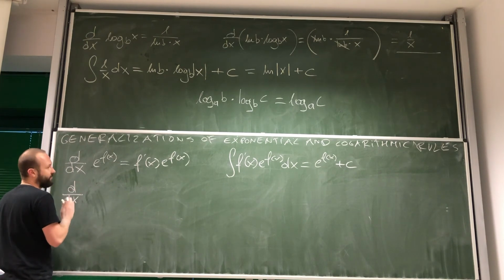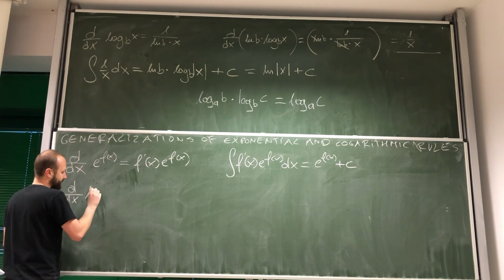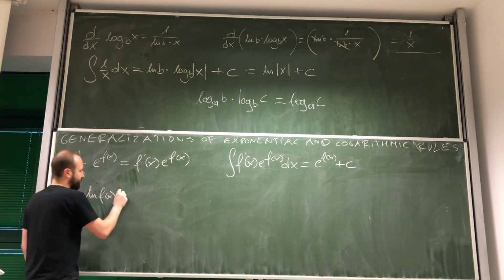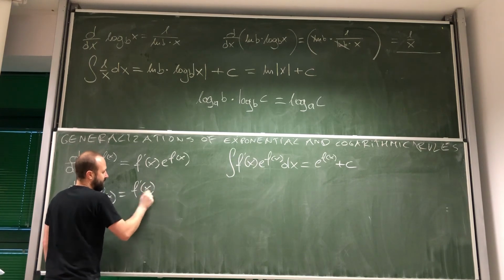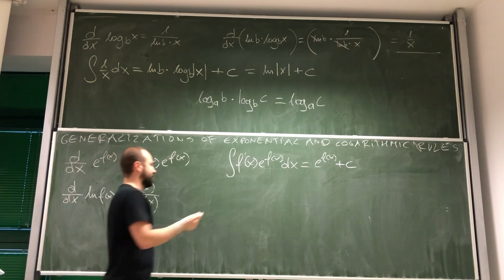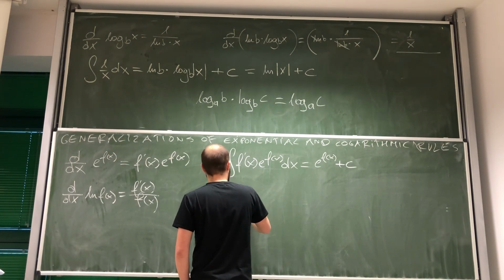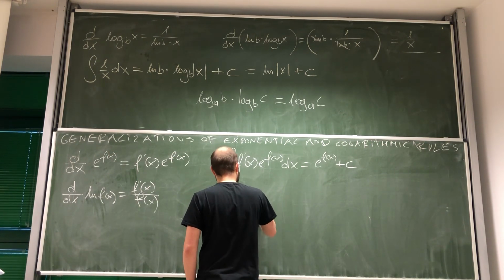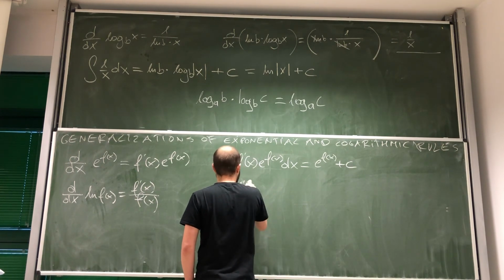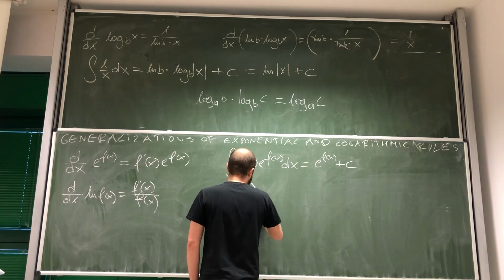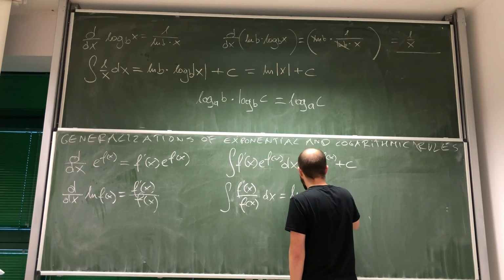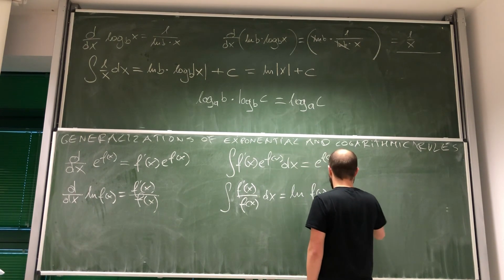And look, by the same token, because the derivative of ln f of x is equal to f prime of x over f of x, we can deduce that the integral of f prime of x over f of x dx is equal to ln f of x plus c.